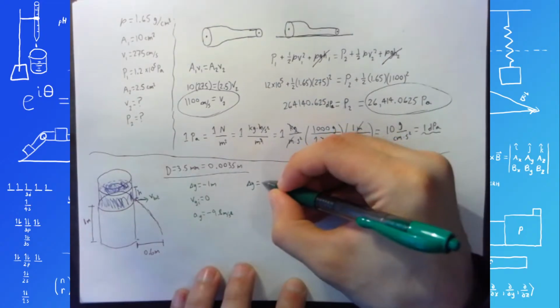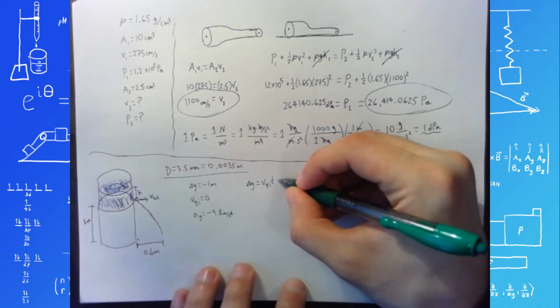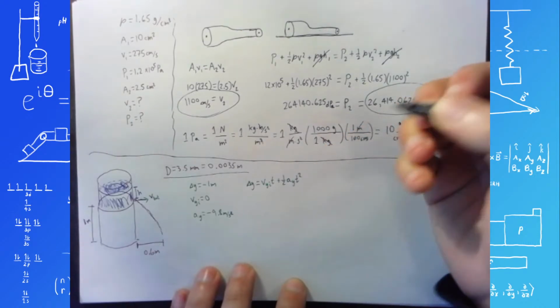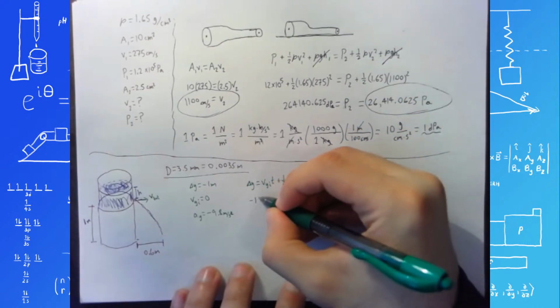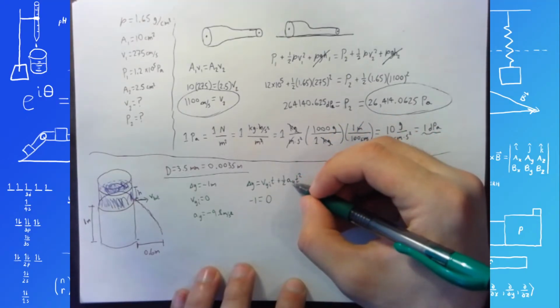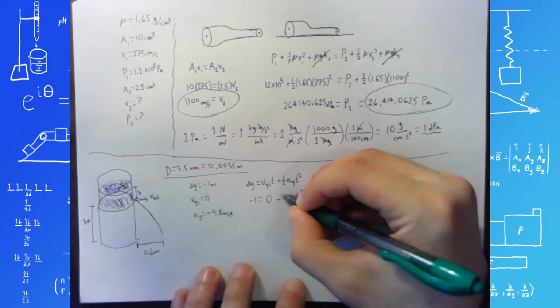Delta y equals Vy initial times t, plus 1/2 acceleration times t squared. -1 equals, well, that's going to be 0, and then 1/2 of -9.8 is -4.9 t squared.